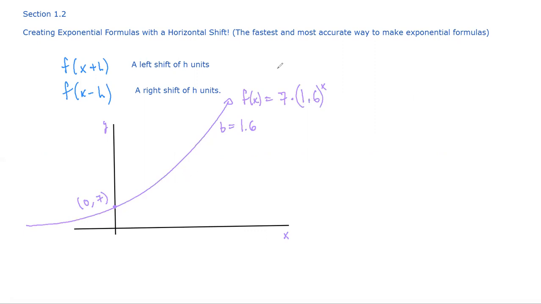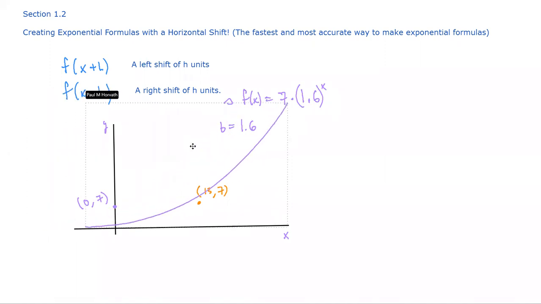What I'd like us to contemplate now, though, is this orange function. Suppose instead of going through the point 0, 7, I want our function to go through the point 13, 7. And I want it to look exactly like this other function. And so I moved it over, and I'm just going to trace it now in orange.